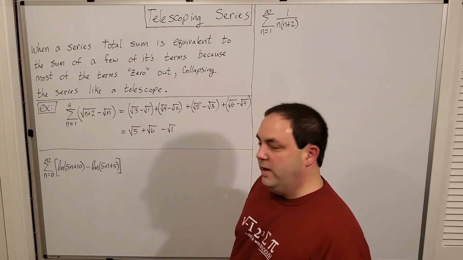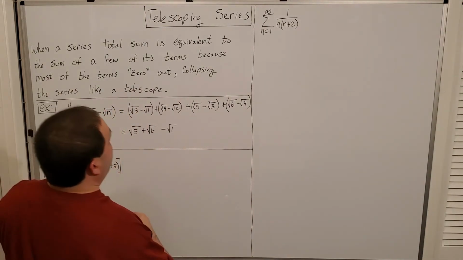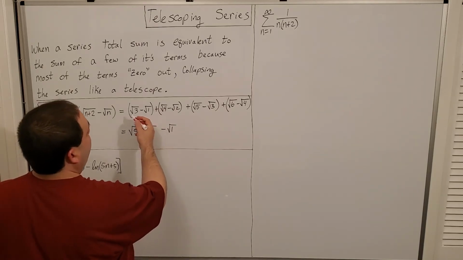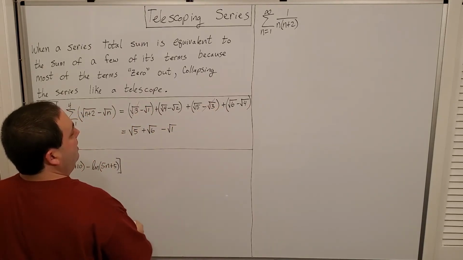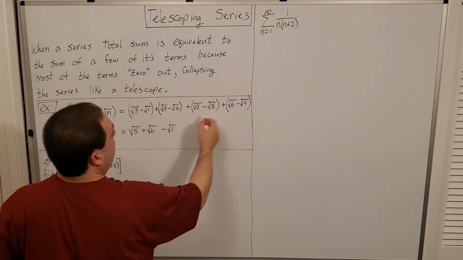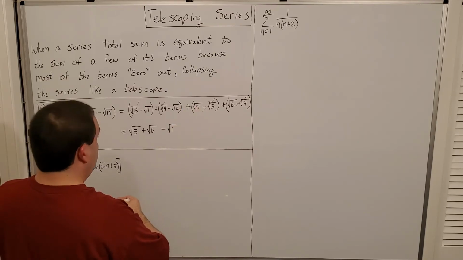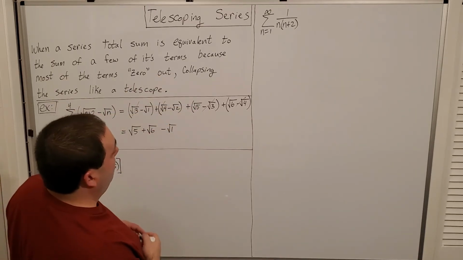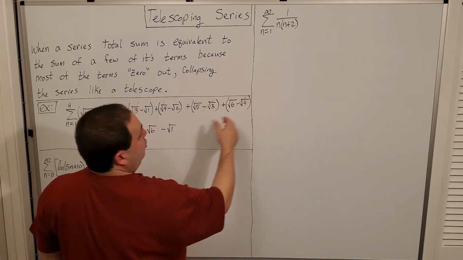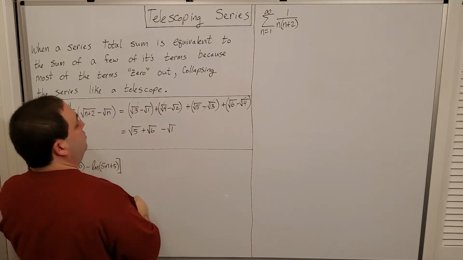But notice we get a lot of matching terms in the middle, but positive and negative. Okay, so I've got the square root of 3 here and the minus square root of 3. And then I've got the square root of 4 and the minus square root of 4. And as this thing progresses on and on, you'll probably also see, if I had more terms, the square root of 5 and the square root of 6 would probably have a counterpart as well.